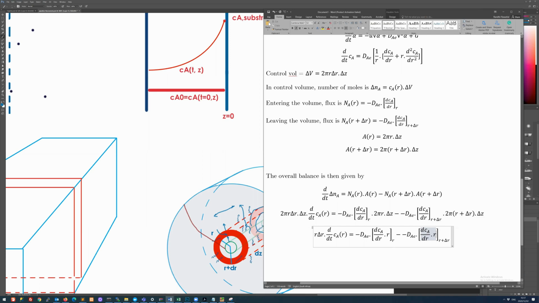So be sure you fully understand that method. Minus minus is going to be a plus, so we get R plus delta R in the plus position, and then minus the function at R. And now we can also take our DAE as a constant.